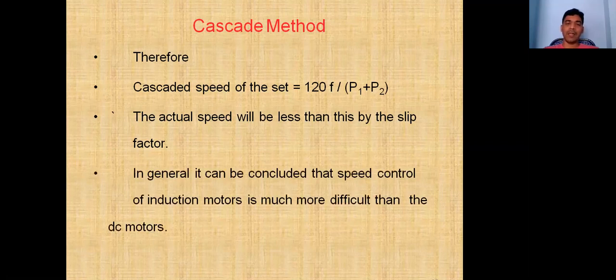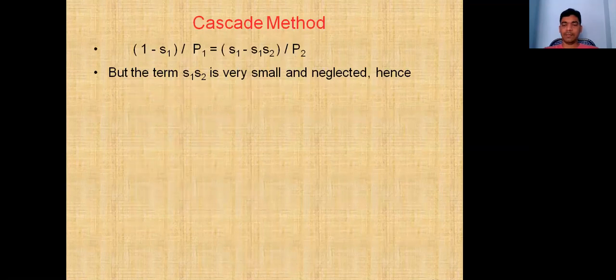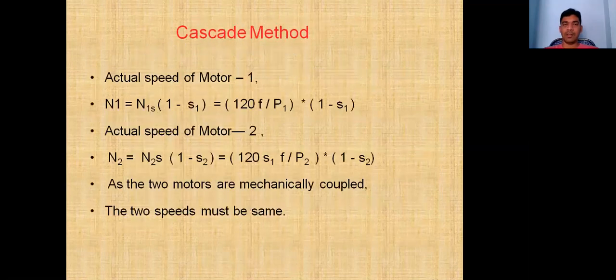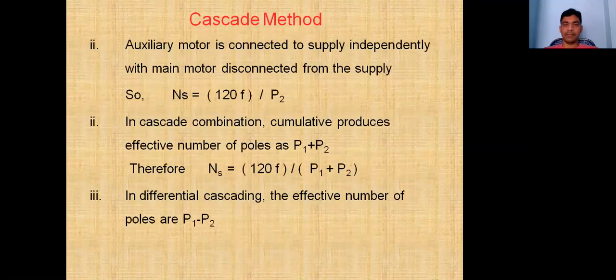In general, it can be concluded that speed control of induction motor is much more difficult than the DC motor. We will see the derivation once again.